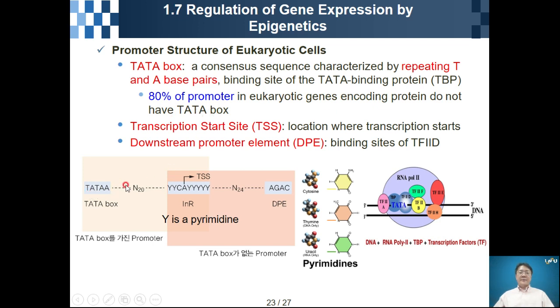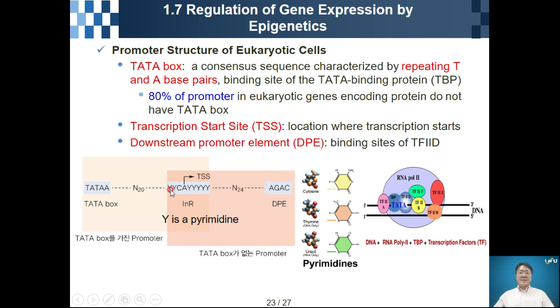Next to the TATA box, there is a transcription start site, composed of YYCA, YYYYY, where Y is a pyrimidine. Pyrimidine is cytosine or thymine.